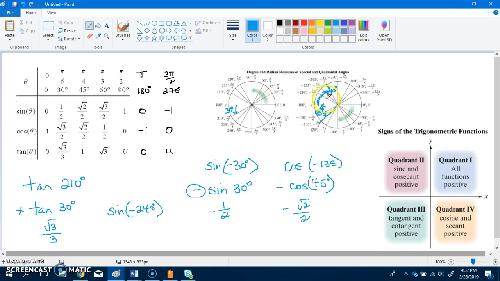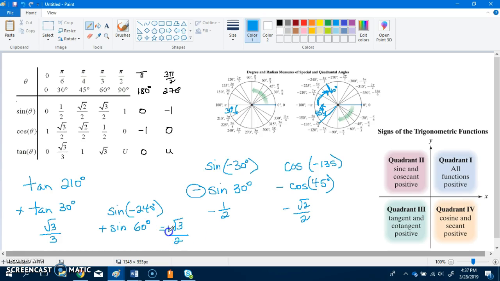So we have 30 here, 45, and 60. So this is going to be a reference angle of 60 degrees for sine. And because it's in the second quadrant, sine's going to be positive. And the sine of 60 degrees is equal to the square root of 3 over 2.